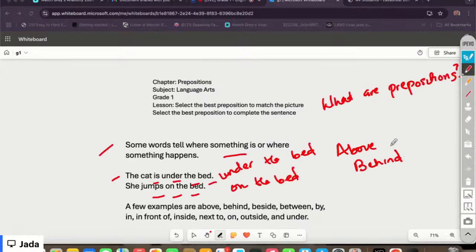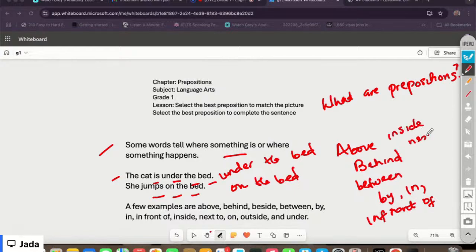We have above, behind, between, by, in, in front of, inside, next to, on, and then outside, and also under. So all these are the very common prepositions that we should know about.